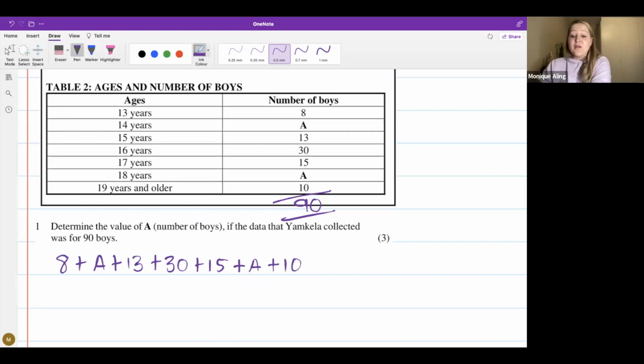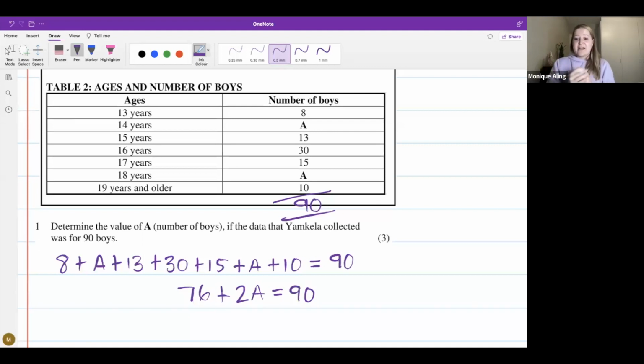Now, if I add all of those up, it should equal 90. I'm going to make this a lot easier to work with. When I add those numbers up, I get 76, and I get 2 A's left over. So I'm just going to make it 2A, which is equal to 90.